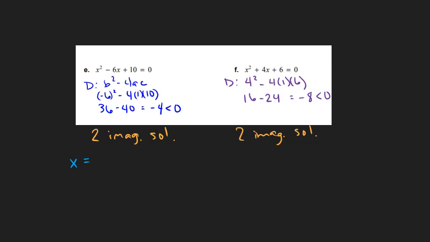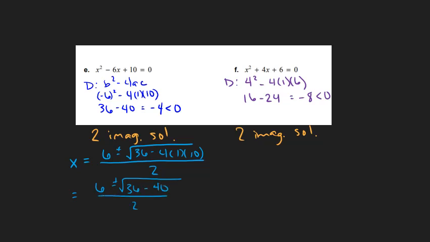We have x equals negative b plus or minus the square root of b squared minus 4 times a times c, all over 2a. So this would be 6 plus or minus the square root of 36, we already worked this part, minus 40, over 2. So I have 6 plus or minus the square root of negative 4, over 2.